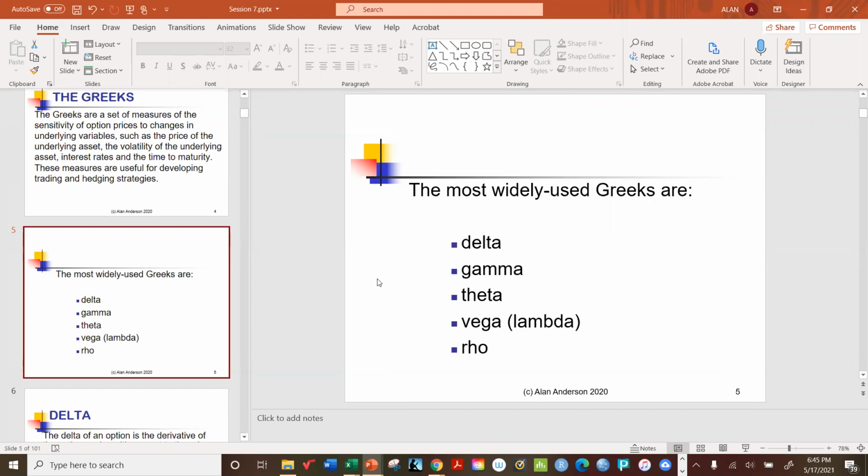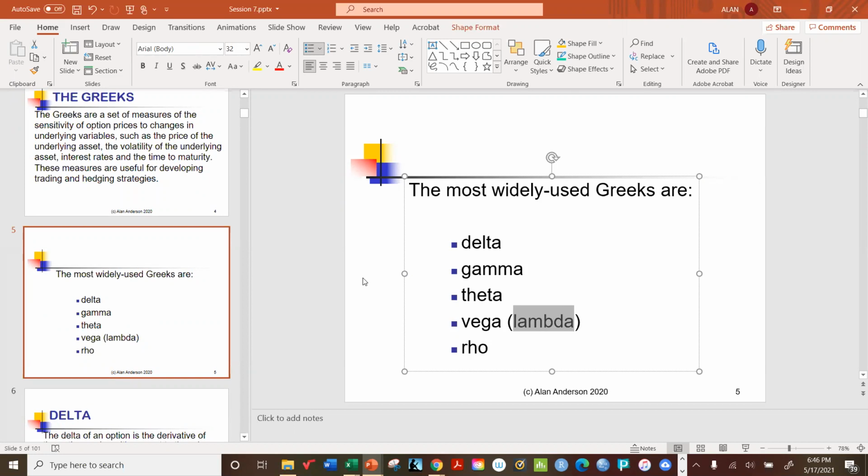So we have 5. Now, somebody along the way, whoever created these names, made a bit of a mistake here. They chose the name Vega to represent the sensitivity of the option to volatility. Unfortunately, though, Vega is not a Greek letter. So sometimes you hear it referred to as lambda, or occasionally even kappa, because there's no letter associated with Vega.